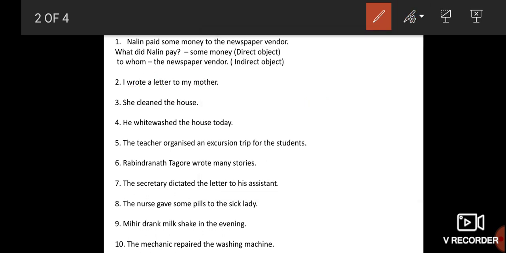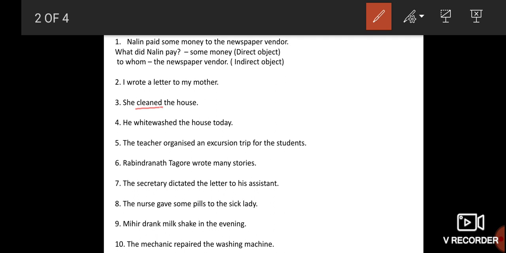Beta, you must understand all the things. Okay. Next sentence is: she cleaned the house. Cleaned, this is a transitive verb. And transitive verb एक बार फिर से आपको मैं बता देती हूँ. What is a transitive verb? She cleaned.